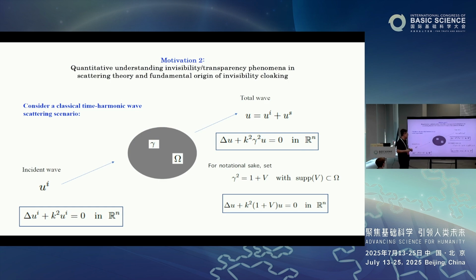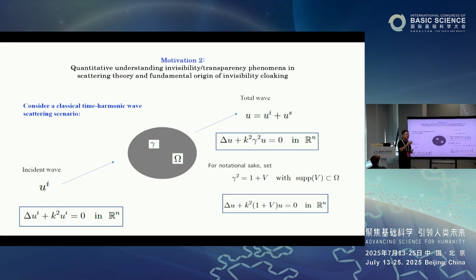Now the inverse problem that most people consider is to use the information of this solution in this homogeneous space to recover this omega and gamma. That corresponds to practical technology like radar or sonar. But what we are considering here is, what if invisibility occurs? That is, you send a wave, no perturbation occurs.